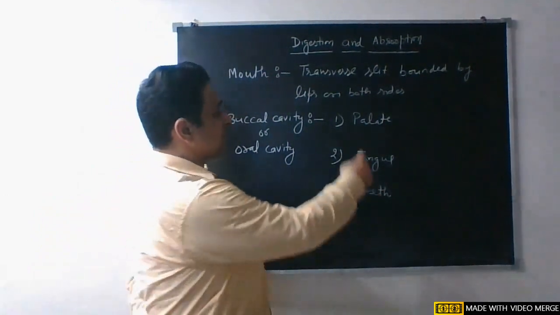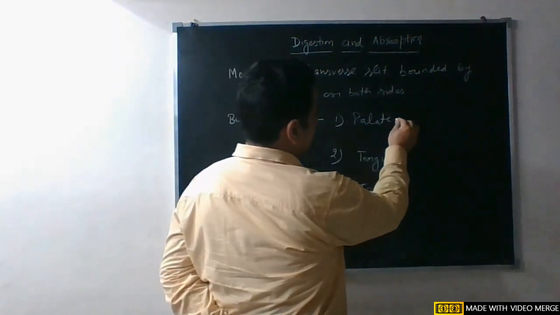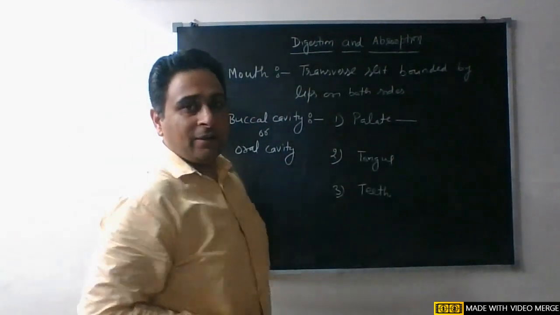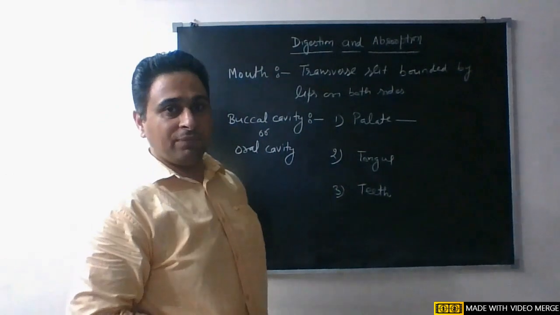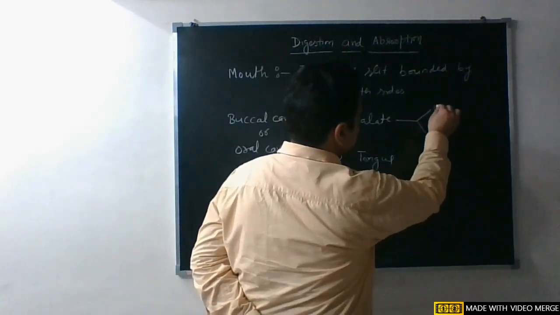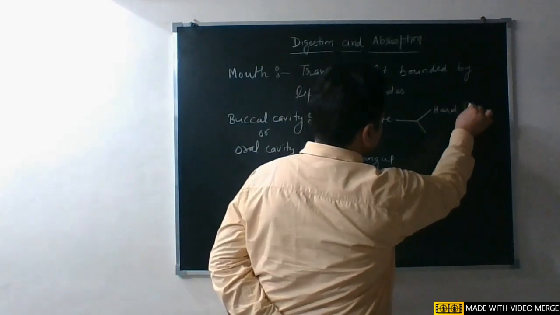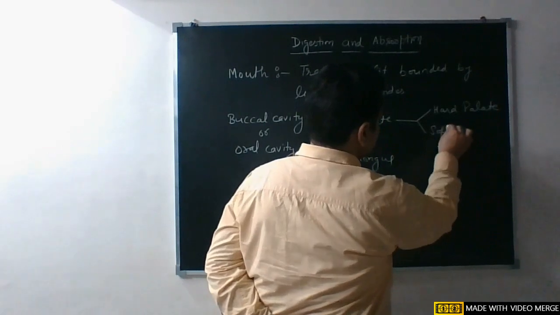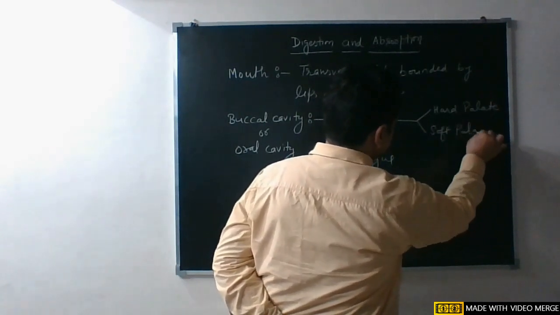So first of all, let's discuss the palate. The palate is the upper part of the buccal cavity, that is the roof of the buccal cavity, and its anterior part is hard, called the hard palate, and the posterior part is soft, called the soft palate.